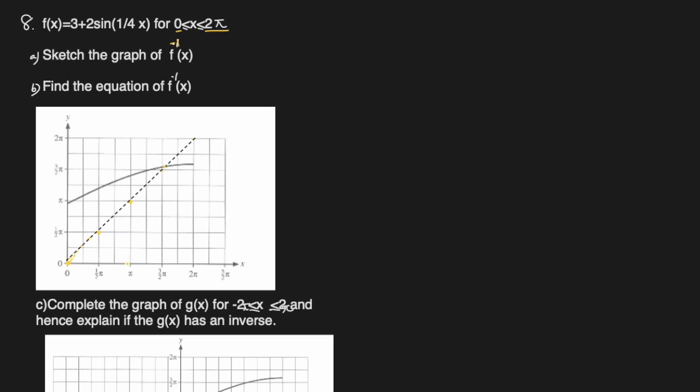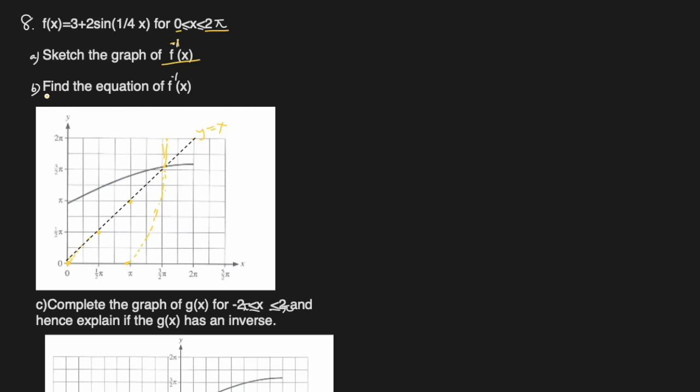And now try to draw a good curve which will be the reflection of the original graph passing through this, and it is stopping at 2 pi, so it will stop at 2 pi somewhere in the middle, right here. This will be the graph. The yellow color is the graph of f inverse x, just reflected on the y equal to x line, where the x and y coordinates are the same.